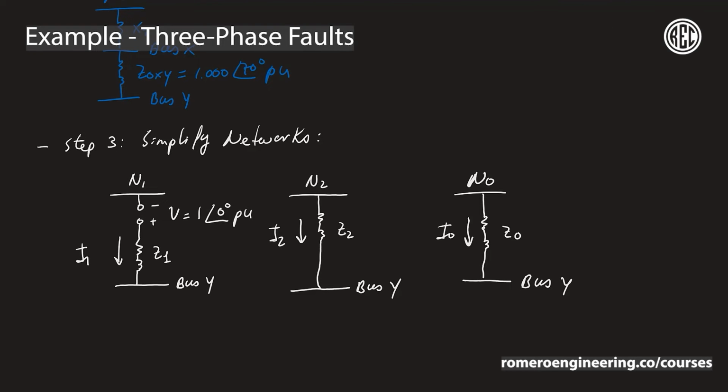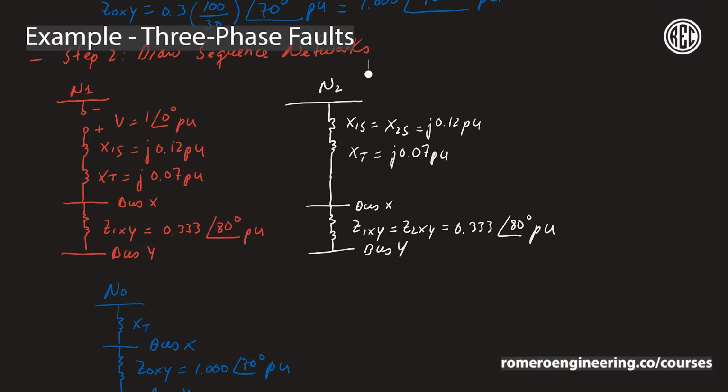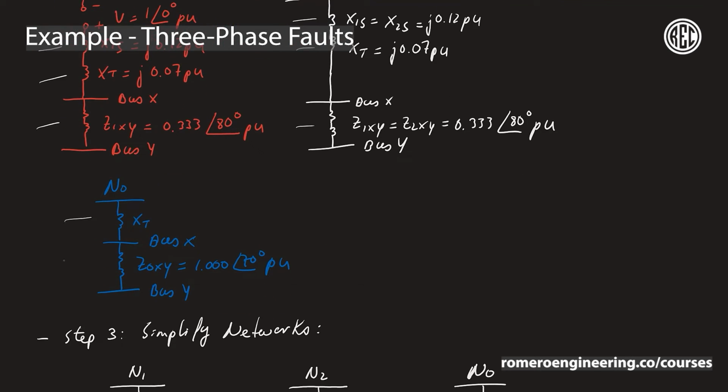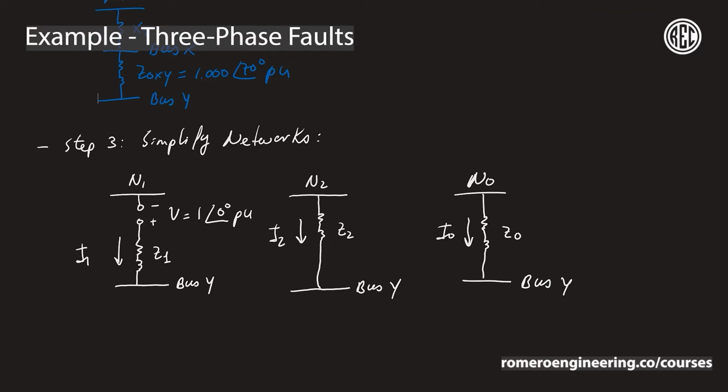In this simplified network, Z1 is the addition of these three impedances, Z2 is the addition of these three impedances, and Z0 is the addition of these two impedances. So all I did from the network at the top to the simplified network at the bottom was combine everything together so that I have only one impedance to worry about.